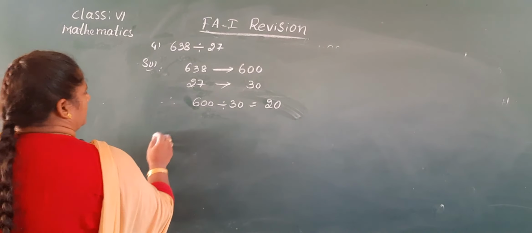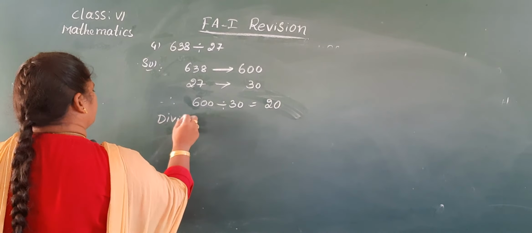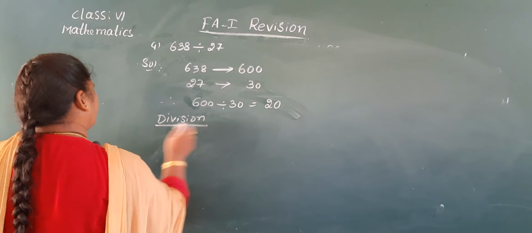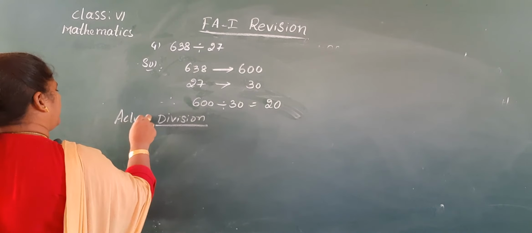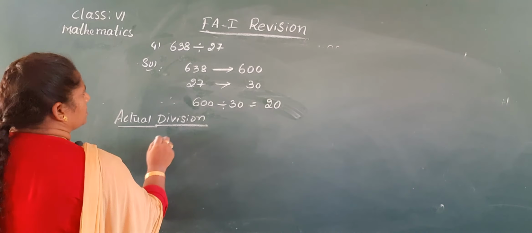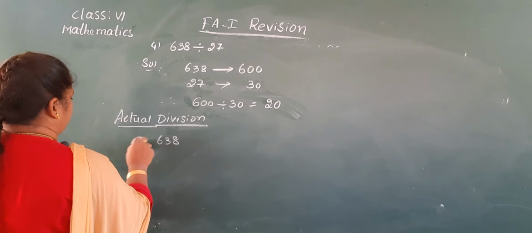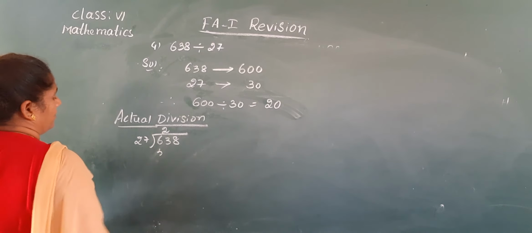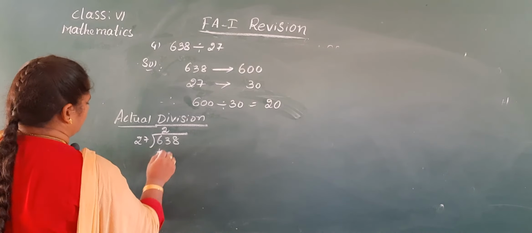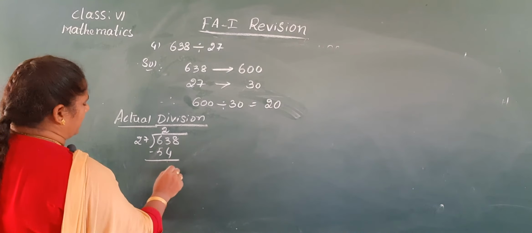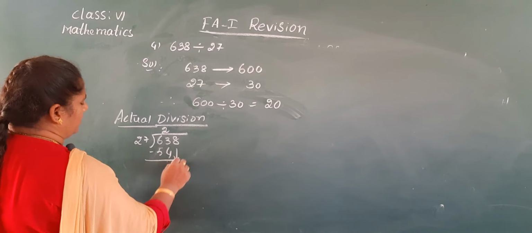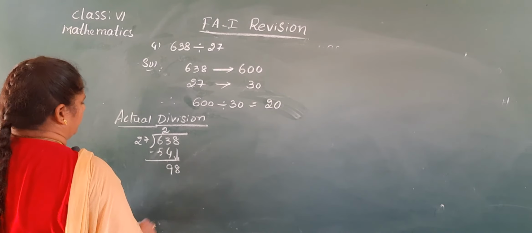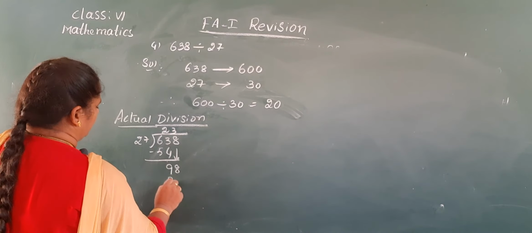Now, actual division. 638 divided by 27. 27 2s are 54. So 13 minus 4, 9, and take down 8. 27 3s are 81.